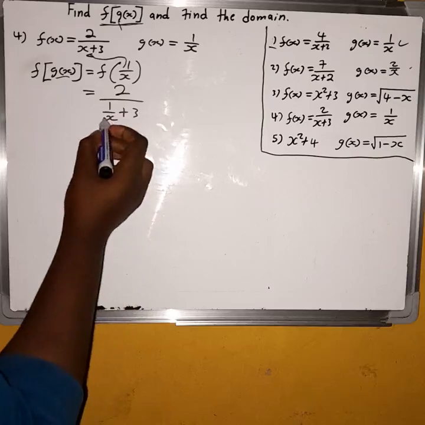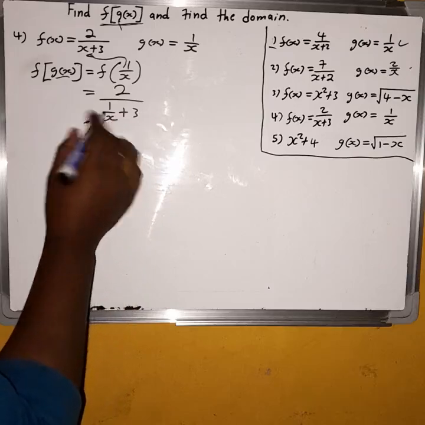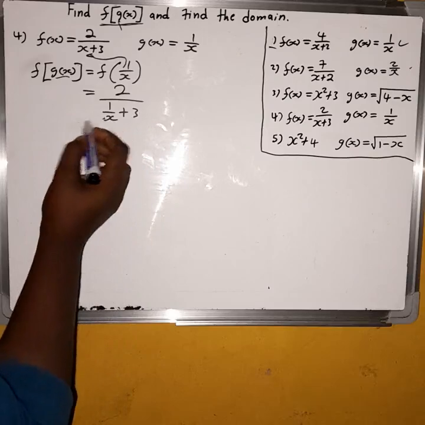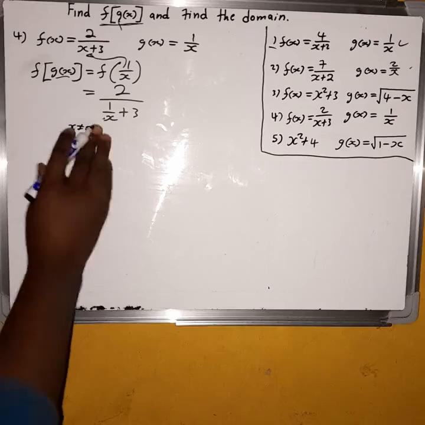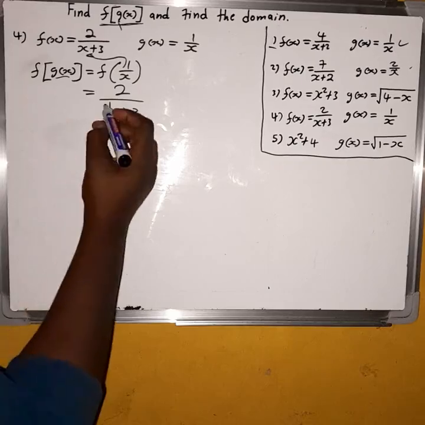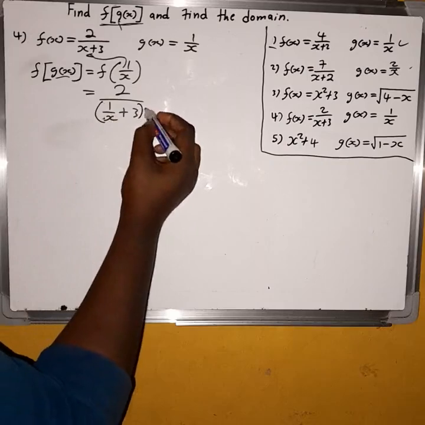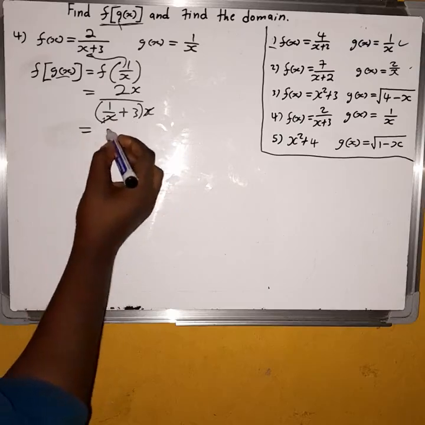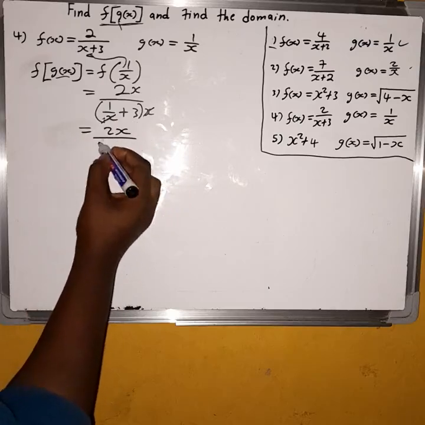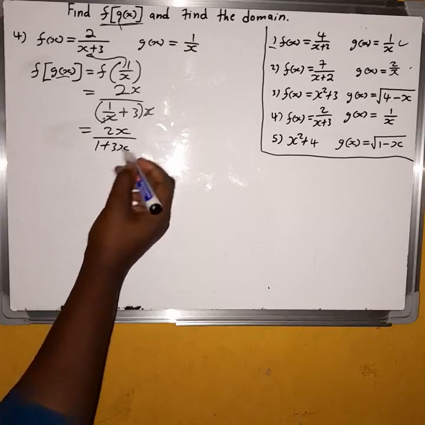So x cannot equal 0. Since x cannot equal 0, I will multiply by x on top and bottom. This will cancel. I'll have 2x over 1 plus 3x.